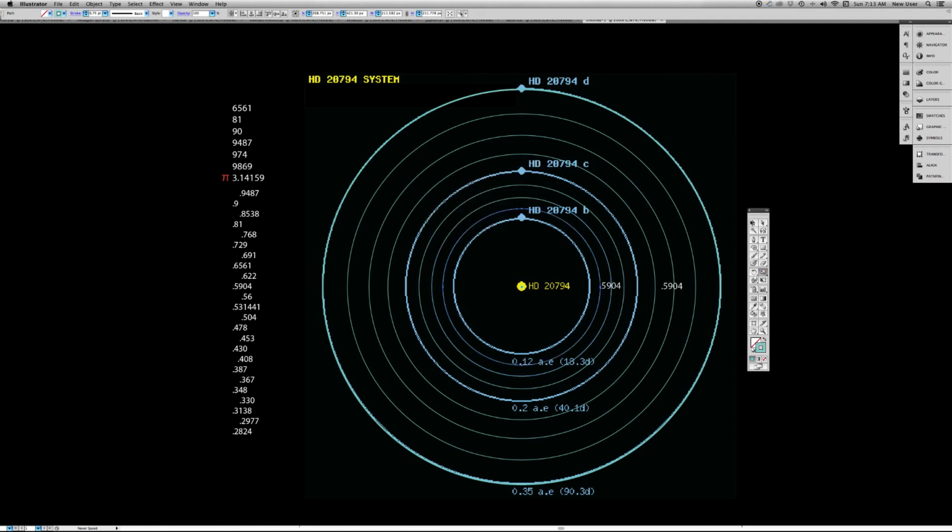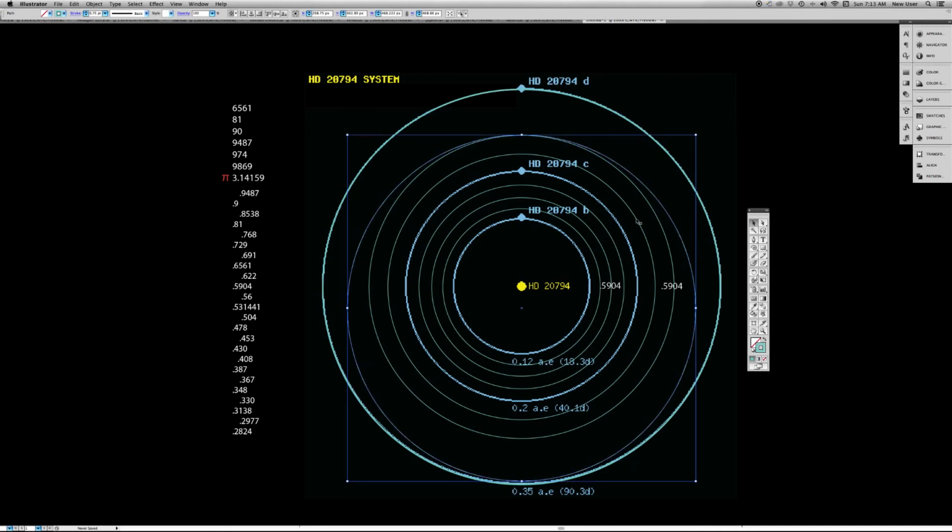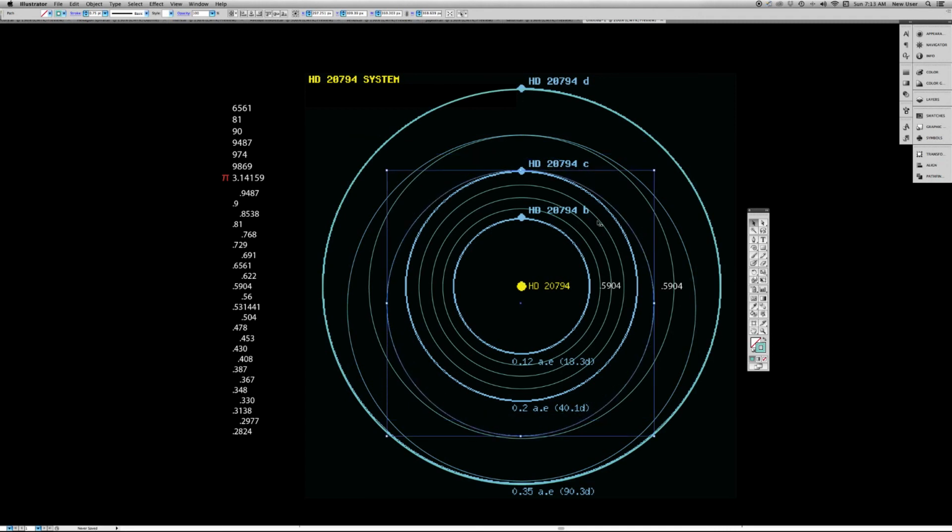Step and repeat. We're done. Apart from the transfer circles, which, to make all of those 8, 7, 6s transfer circles, I do this.